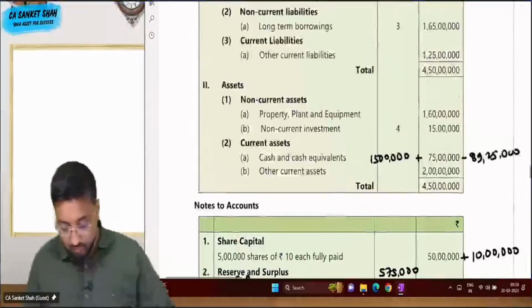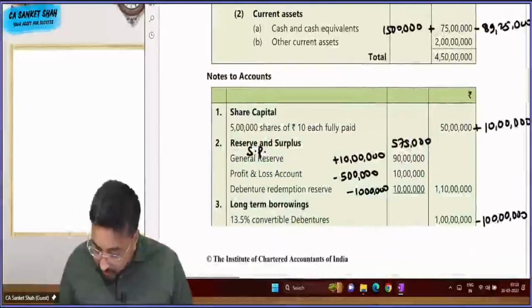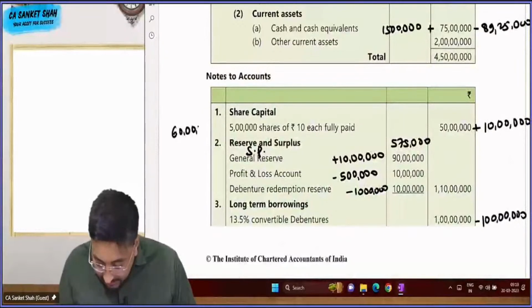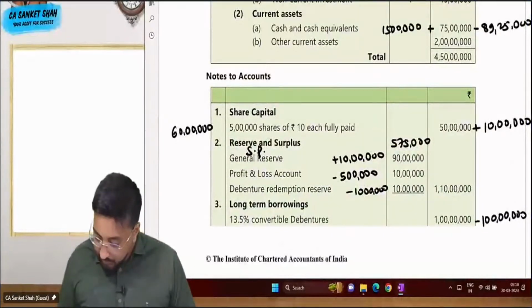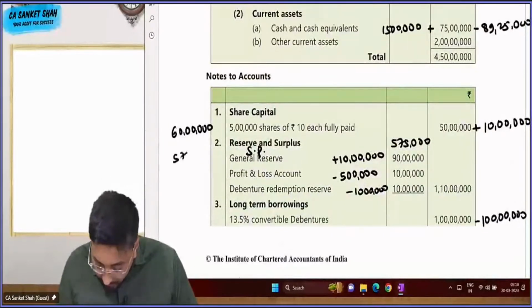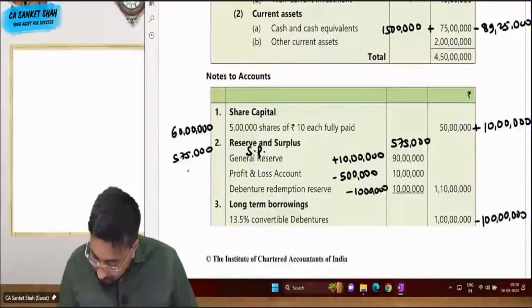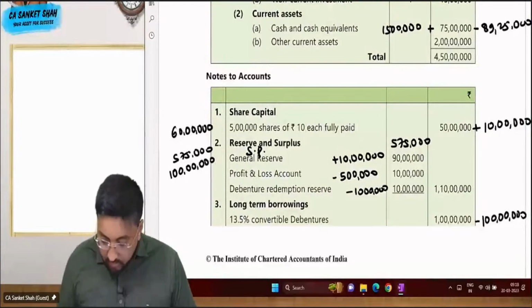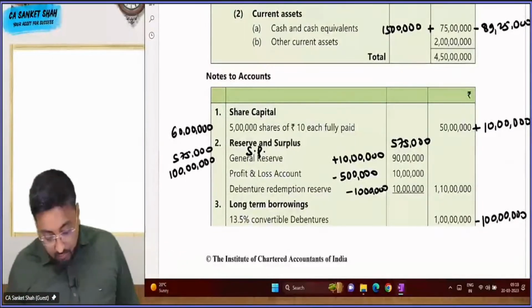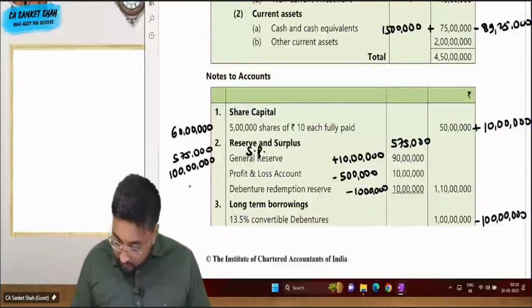Now how much will capital be? Capital will be 60 lakhs. Security premium 5,75,000. General reserve 1 crore. 5 lakhs P&L.